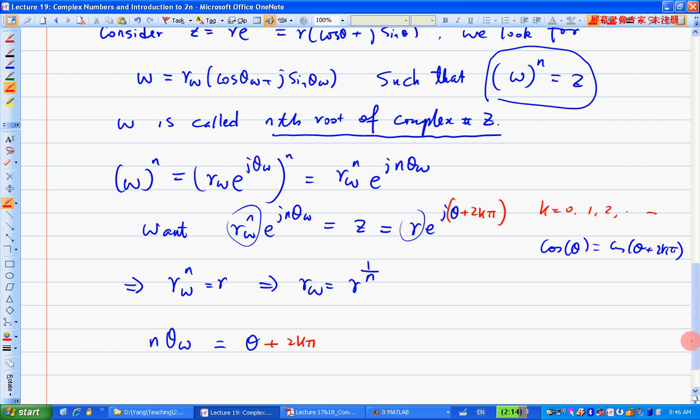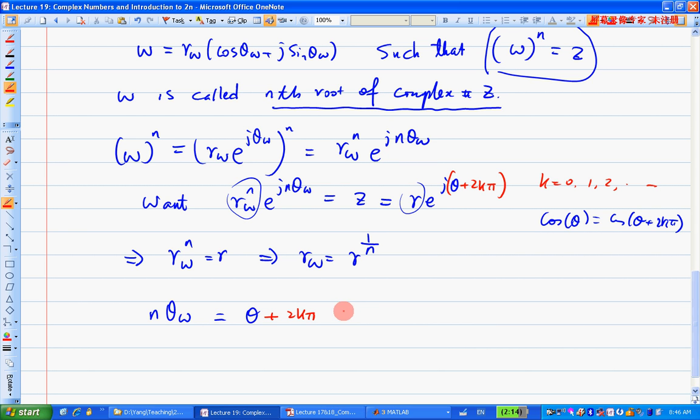Based on this expression, you have θ_w equal to θ plus 2kπ, over n. So there we go. These two quantities are what we're looking for.